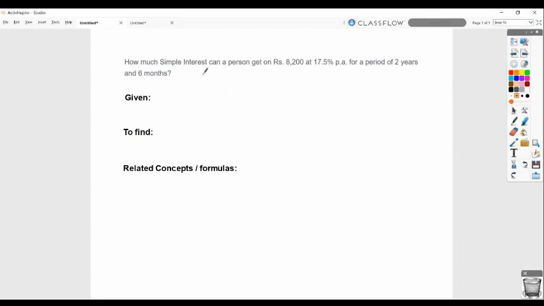Now the question says, how much simple interest can a person get on so much, at so much, for a period of so much? We know that this 8,200 is nothing but the principal. Next, the rate is given as 17.5%.